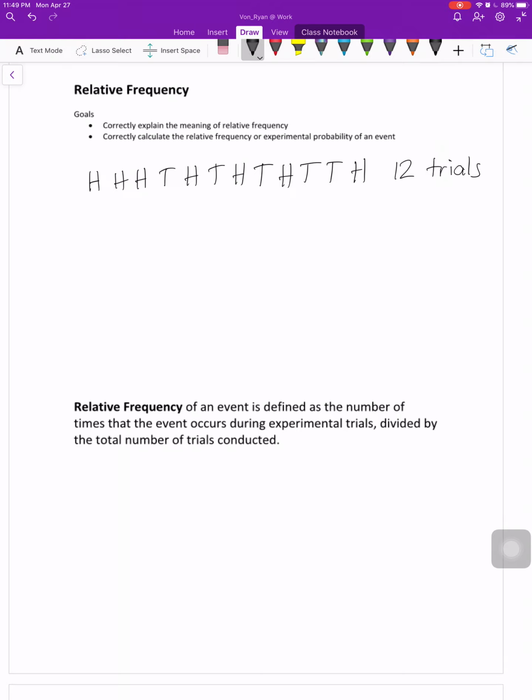You know from our previous studies that the probability of a coin toss landing on a head, when you throw it once, is 1/2. So the probability of landing on a head is 1 out of 2 because you have one chance of getting a head out of 2 results, and that would be the same for tails.